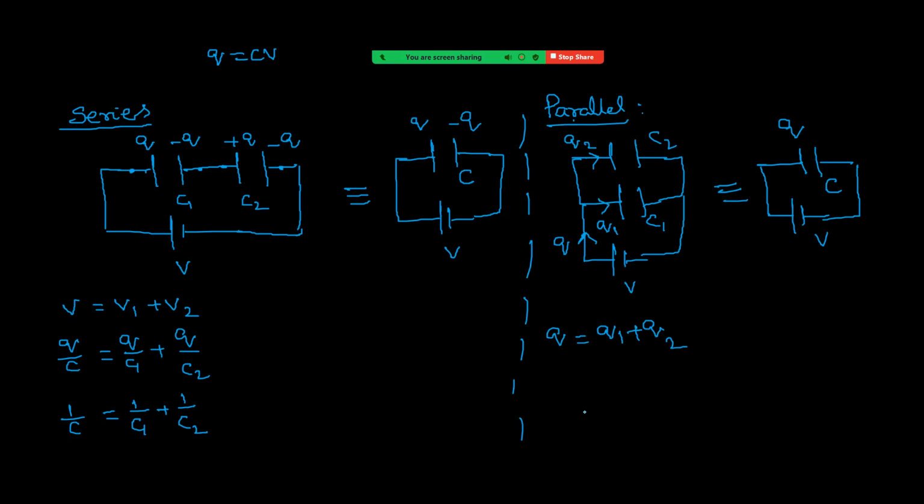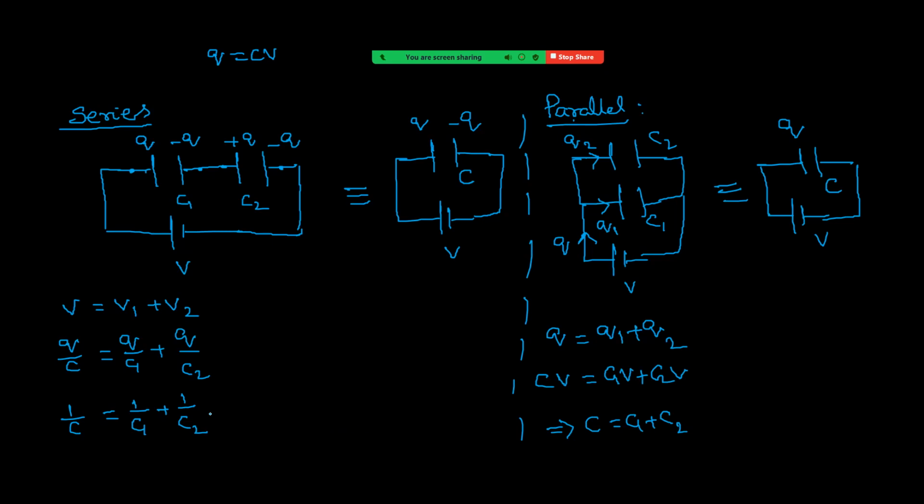In the place of Q, what can I write? It is CV, right? This is now C1V plus C2V. That implies C equal to C1 plus C2, right?